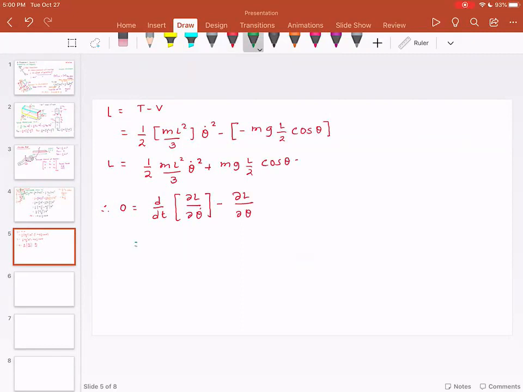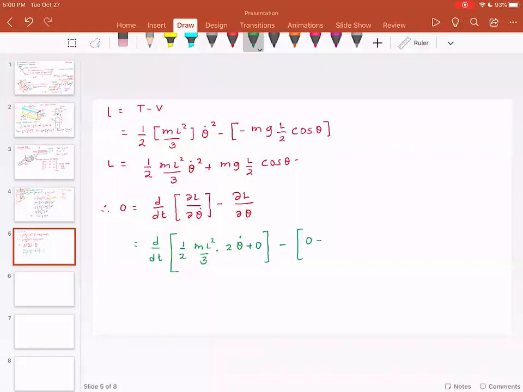So let's go step by step. d by dt of partial L by partial theta dot, which means all other terms except theta dot are constant. So this is going to be 1 half m L square by 3 multiplied by 2 theta dot plus 0, minus, here it's partial L by partial theta, which means theta dot is going to be 0.